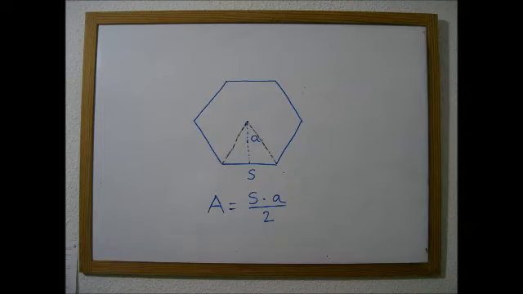We can see as well that we have as many triangles as sides, so we have to multiply this by the number of sides of the polygon. But the number of sides times the length of one side is what we call the perimeter of the polygon. So the formula gets: area equals perimeter times apothem divided by 2.